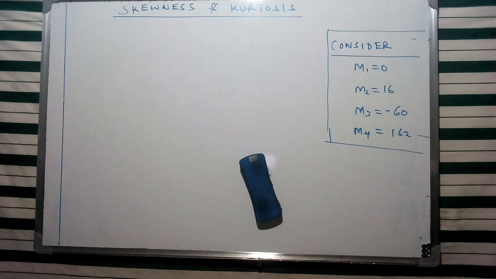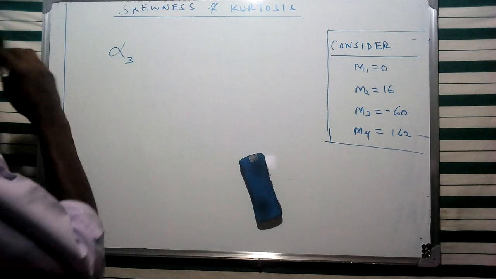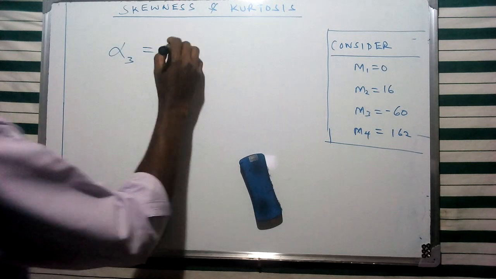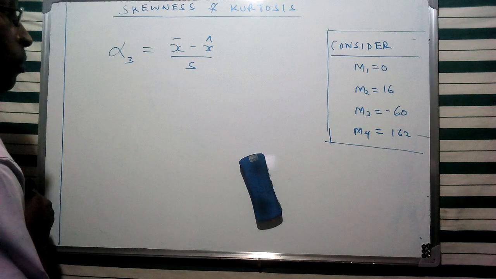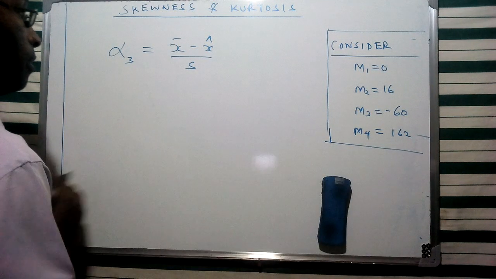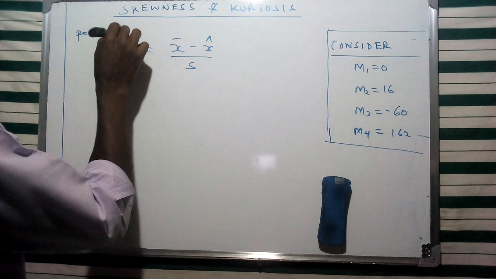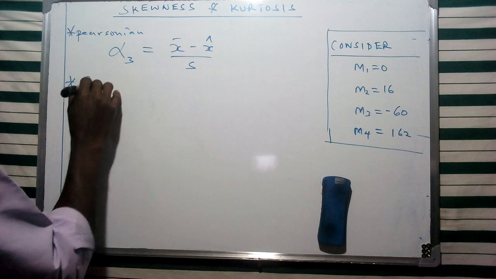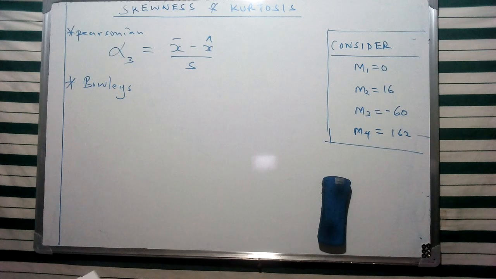Having looked at the three methods, the first one, the Pearsonian coefficient of skewness, was given in terms of the difference between the mean and the mode, and the ratio of that with the standard deviation. And this was the Pearsonian coefficient of skewness.